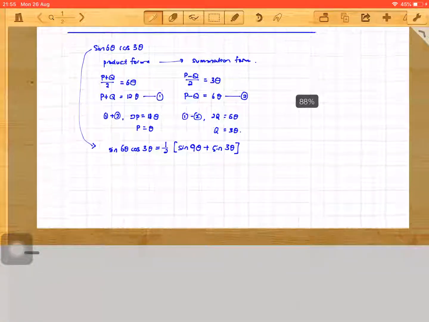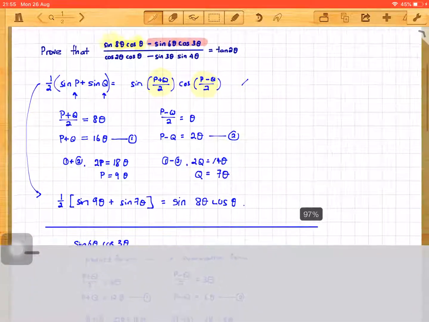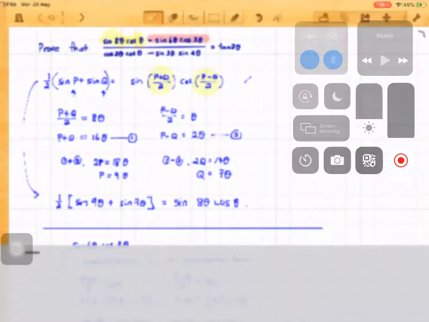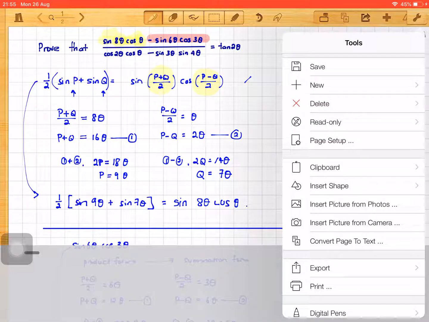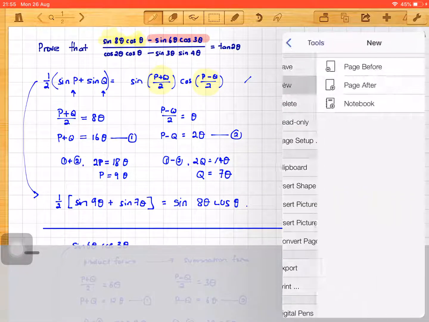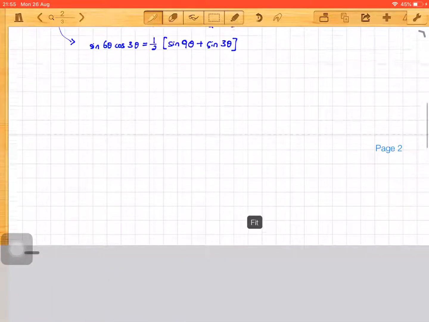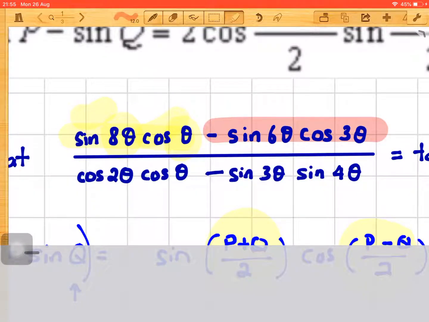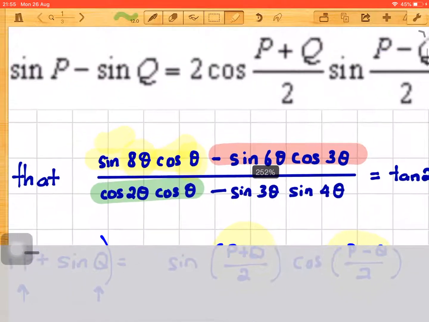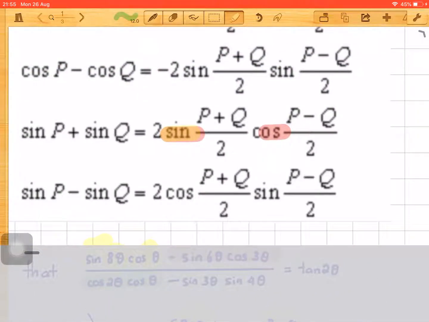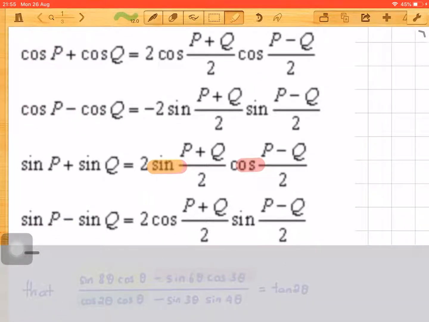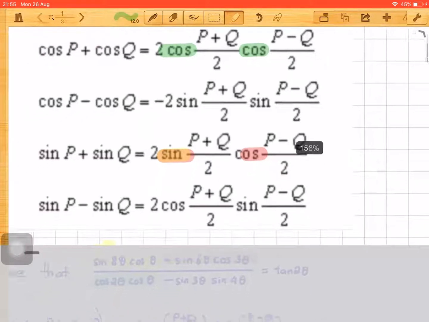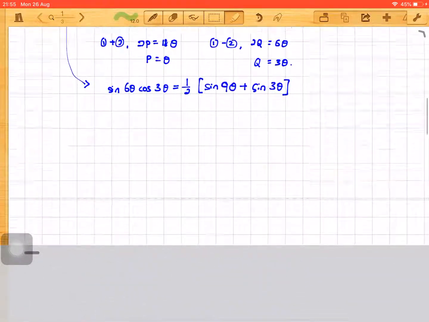Alright, as you can see right now, we have got two equations. I'm just going to add another page. So what you have to do right now, you have to find another summation form for this one. It's a product of cos and cos. Looking at this formula, what you can do is, this one is the most suitable one. I'm just gonna go down here.